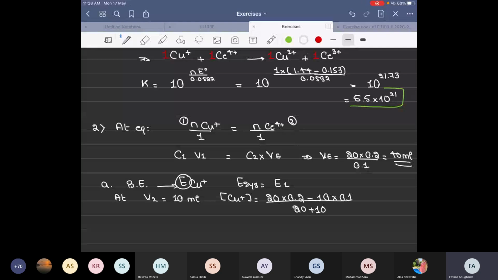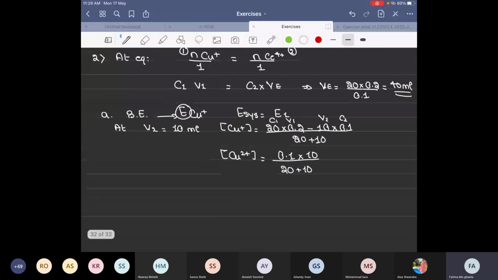Remember يعني C1 V1 minus C2 هالمرة V2 مش V equivalence divided by V1 plus V2. هيدي Cu plus. Cu2 plus هي اللي produced يعني قد limiting, so it's basically 0.1 times 10 كمان divided by the total volume. So بلاقيهم وتطبق Nernst of the copper couple.